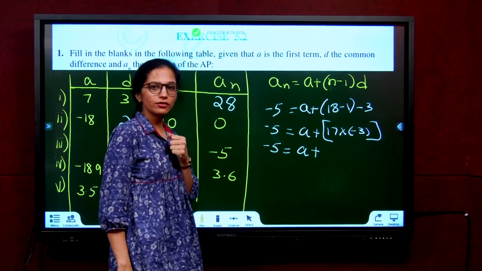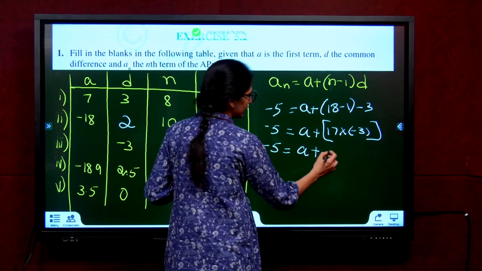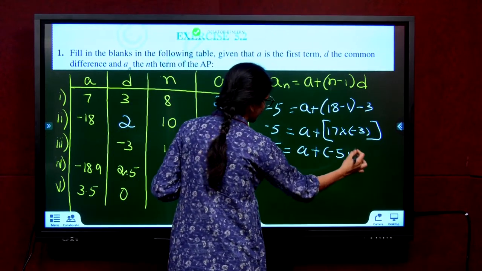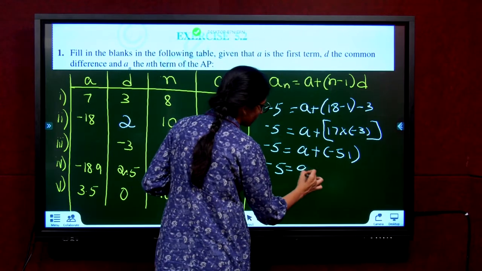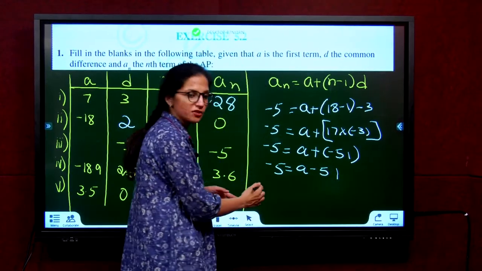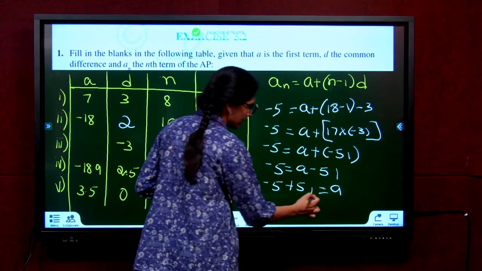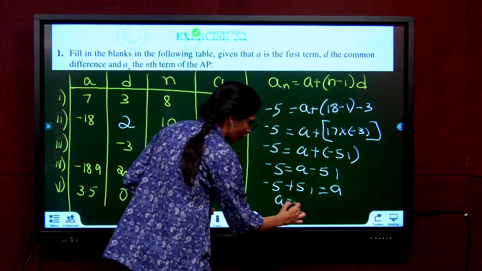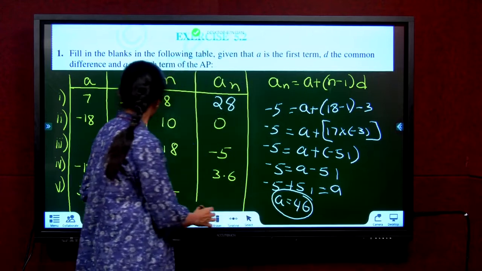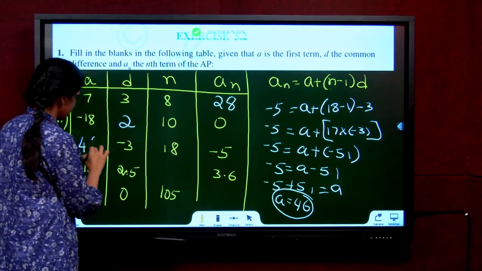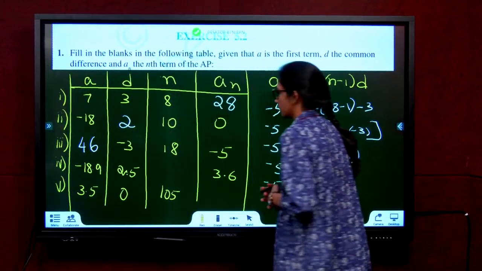How much is 17 into 3? 51. There is a negative sign here, so minus 51. Minus 5 is equal to A minus 51. Minus 51 comes this side, it becomes plus 51 equals A. What is A? 46. So fill the table up and write 46.